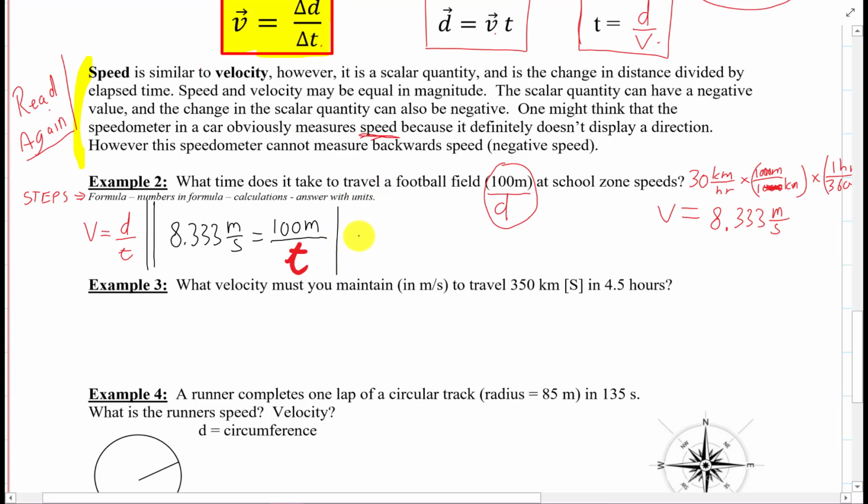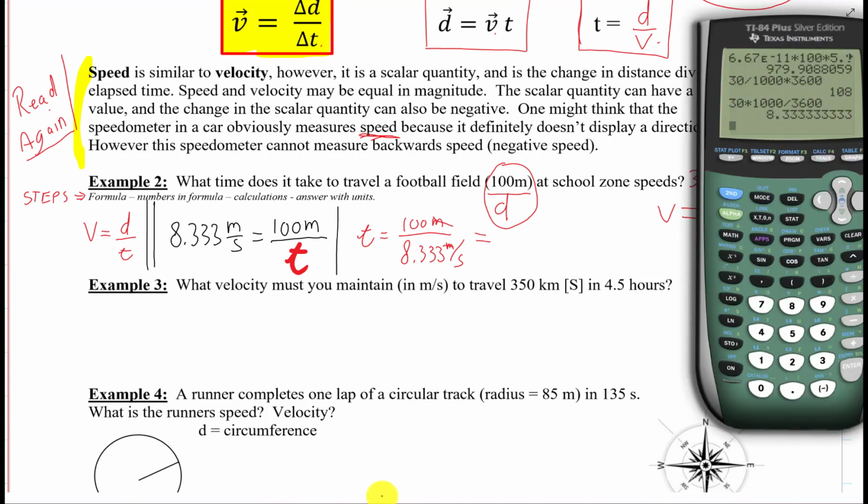We will get t is equal to the 100 meters divided by the 8.333 meters per second. We just cross multiply to bring that up, and then we take the 100 and divide it by this number. The meters will cancel, and we get 1 over 1 over seconds, which makes it equal to seconds. So our time is going to be in seconds. Let's pull up our calculator, and we take 100 divided by that number above, and I get 12.